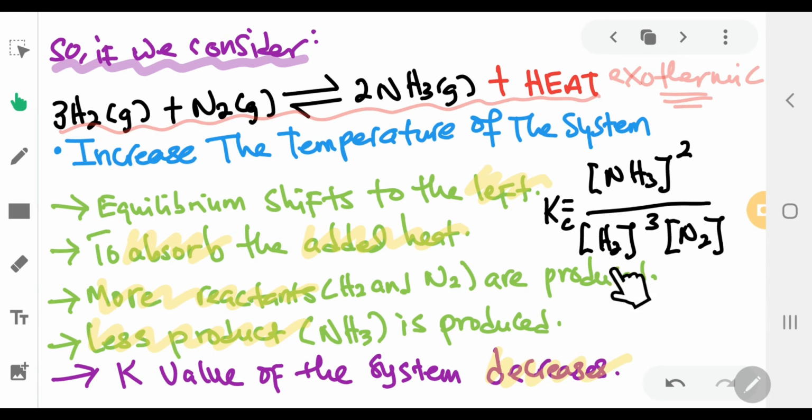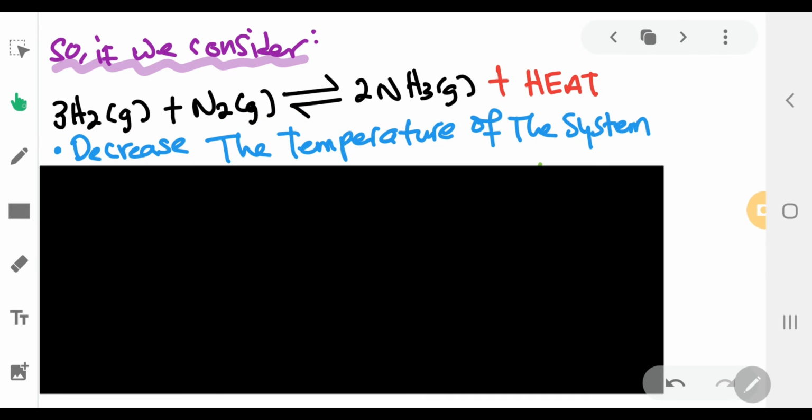So it's very important for you to understand how to interpret your equilibrium constant expression. Now when you decrease the temperature of the system, you can guess what's going to happen. When you decrease the temperature of the whole system, you will start to lose heat. So when you lose heat, equilibrium is no longer obtained.